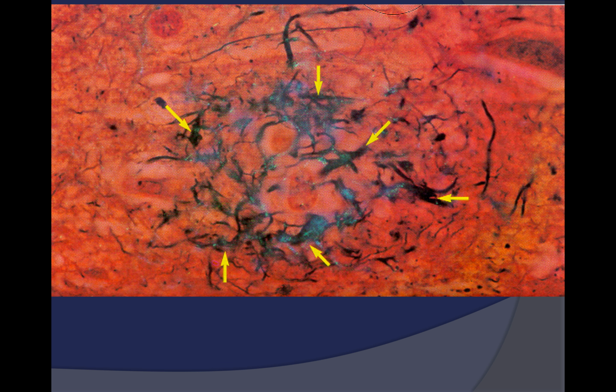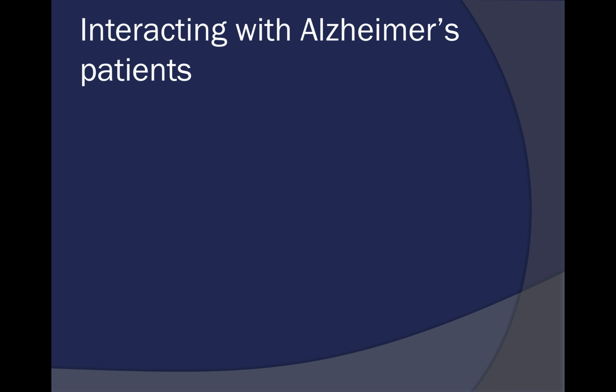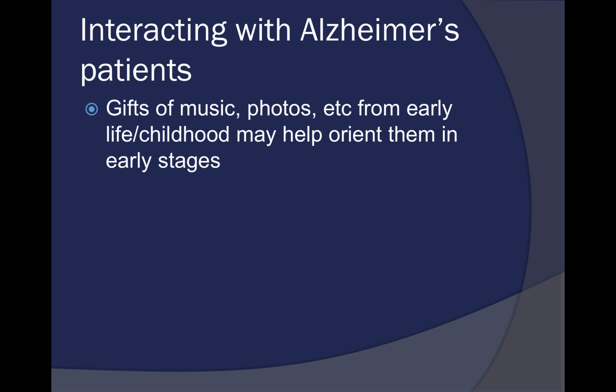At the level of the neuron, this black tissue looks like you took a nice healthy neuron and just twisted it into a cord. So these black areas in the brain of the Alzheimer's patient are areas where you cannot have normal transmission of information.